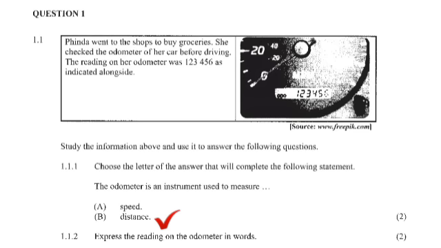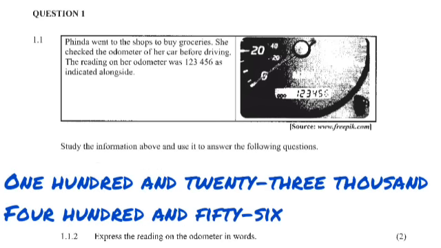In 1.1.2 it says express the reading on the odometer in words. You are supposed to write that amount in words. It's 123,456. The issue here is you being able to spell correctly and to place 'and'. I notice most students struggle with where the 'and' goes. So, one hundred and twenty-three thousand, four hundred and fifty-six.